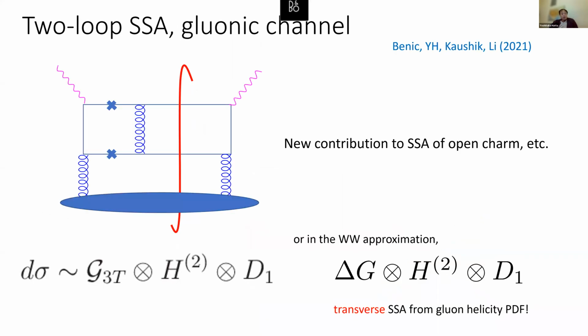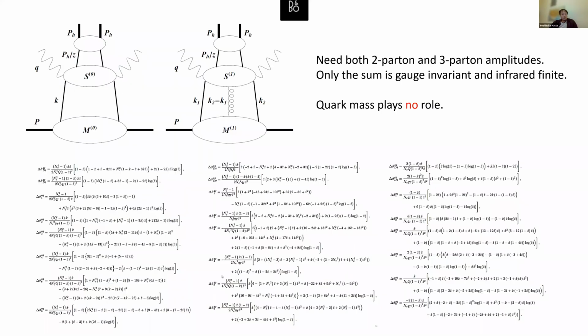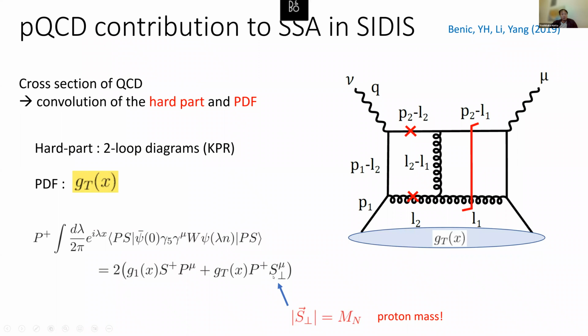I have a question. Yes. So if it's a purely perturbative calculation, how does the mass of the proton show up? Well, like I said, this GT is proportional to S perp, and S perp is proportional to the proton mass. But okay, you never calculate the cross section 100% perturbatively, right?